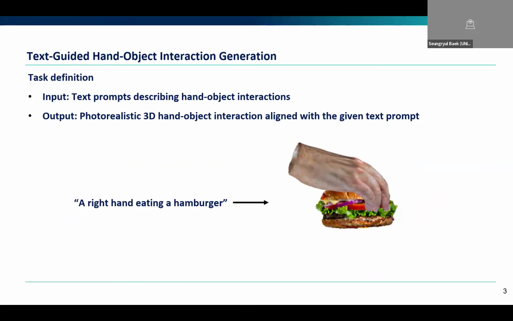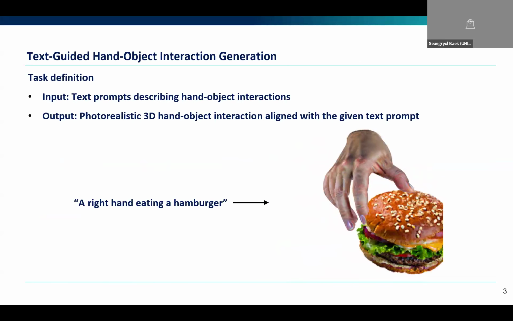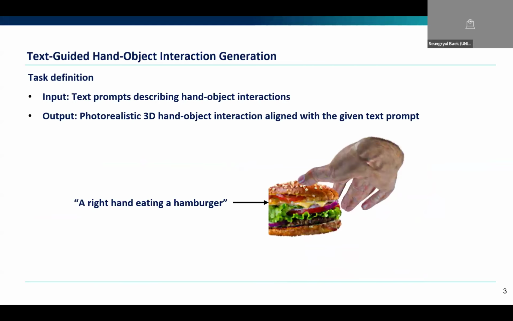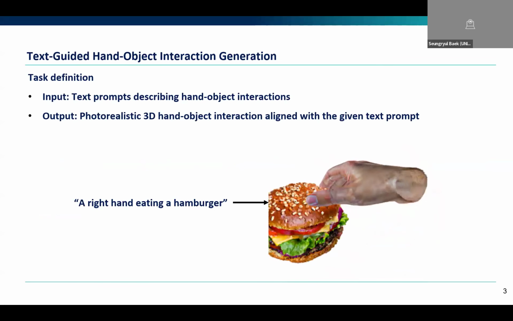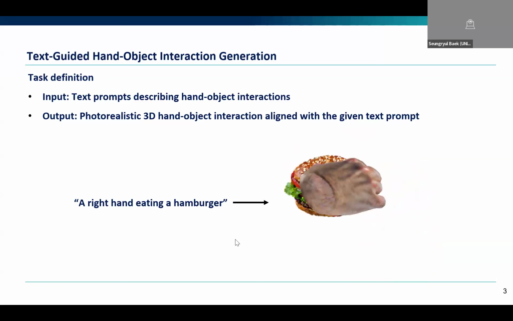Text-guided hand-object interaction generation can be defined by these inputs and outputs.